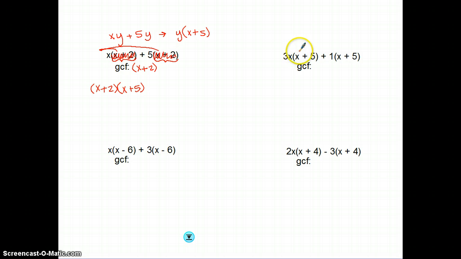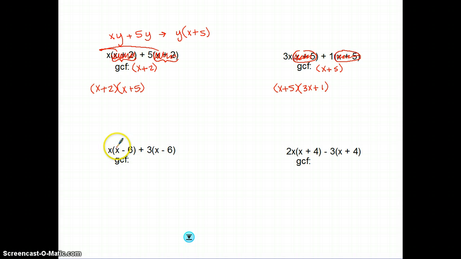To the right, I see an x plus 5 repeated. So I am going to factor that out as my greatest common factor. I factor that entire x plus 5 out, keeping it in parentheses. And once that is gone, in my second set of parentheses, I have a 3x plus 1.